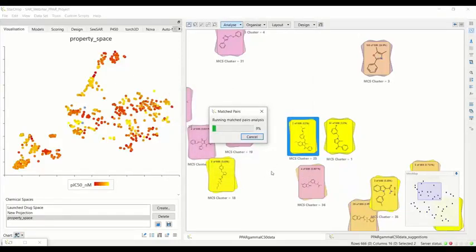And whilst matched pairs analysis is a very compound to compound view of the data, what I'd like to show when this comes up is you can get a lot of information about the general nature of the SAR and the work that's been done in a particular data set by running analyses such as these.